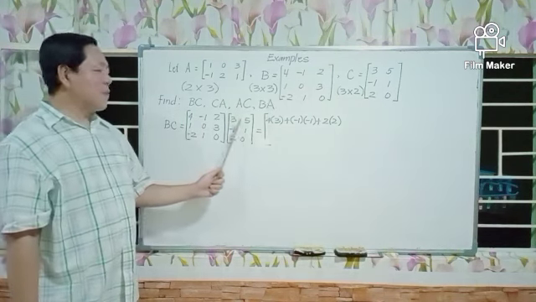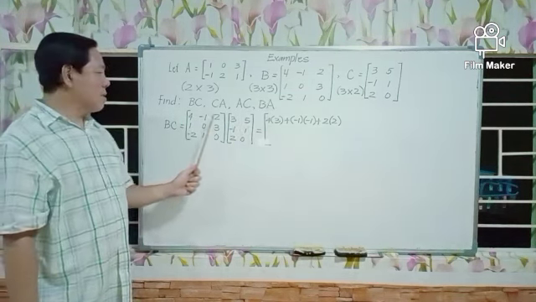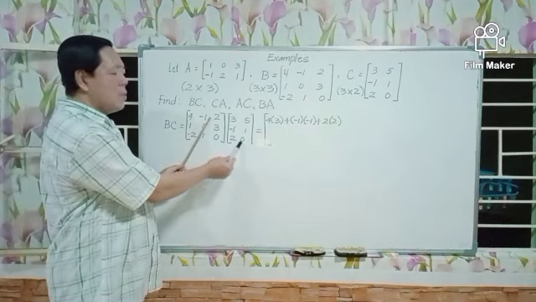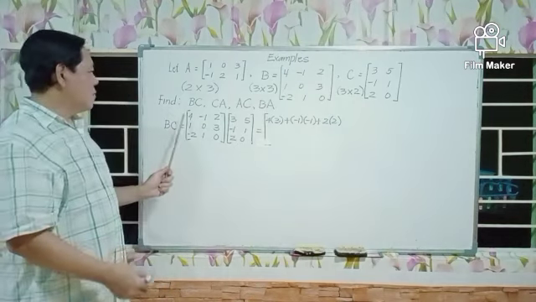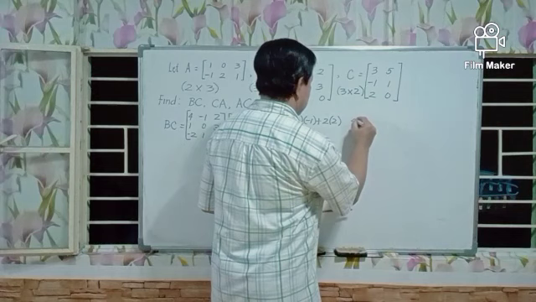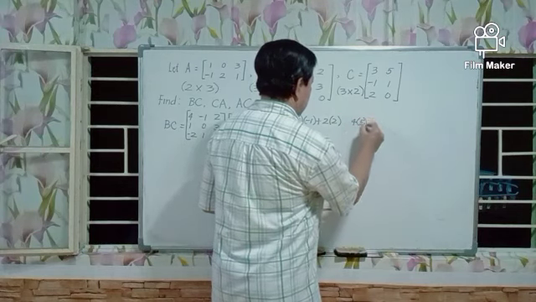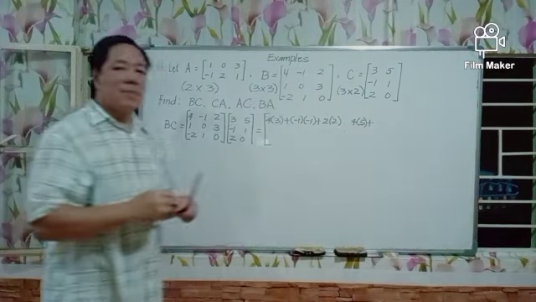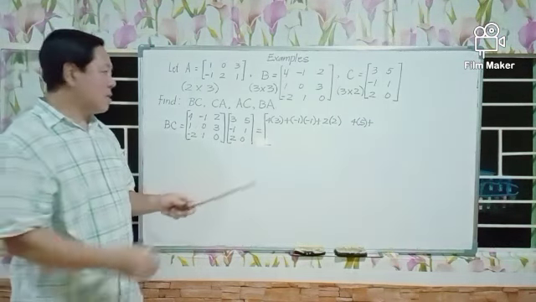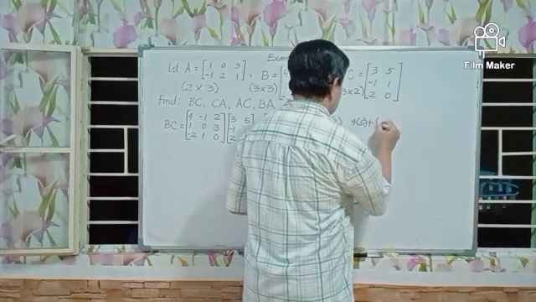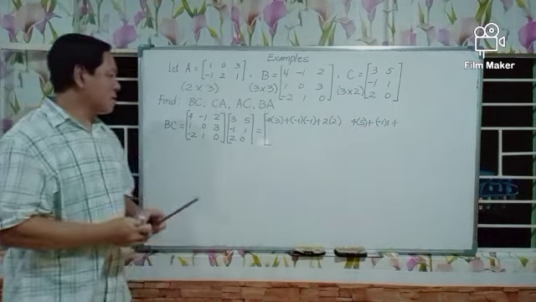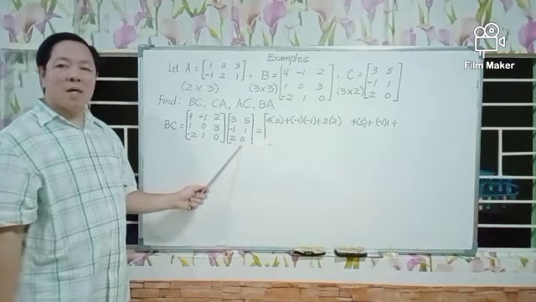We have 4 multiplied by 5 plus negative 1 multiplied by 1 plus 2 multiplied by 0. 4 by 5, plus negative 1 by 1, plus 2 by 0.